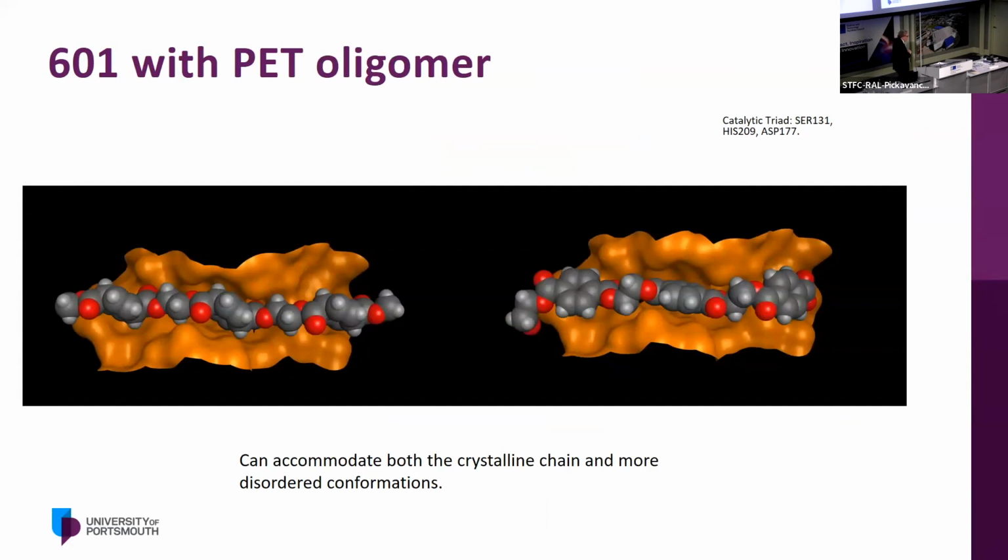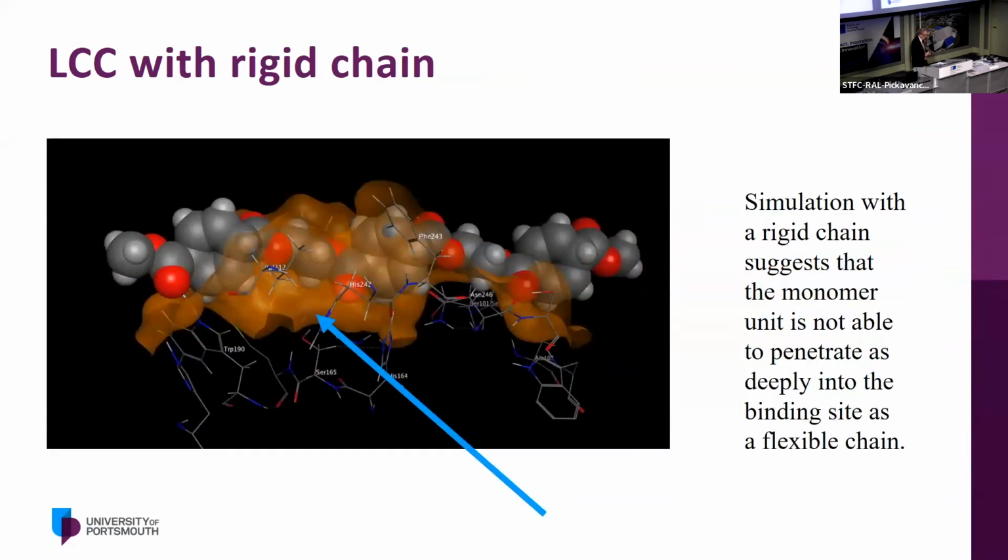And here we can see it has the ability to accommodate chains within the active site which are both flipped and both straight as well. So one which is equally good at both appears to be good at accommodating both of those different orientations of the rings within the polymer.